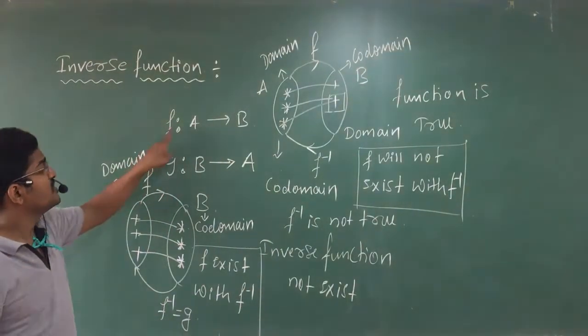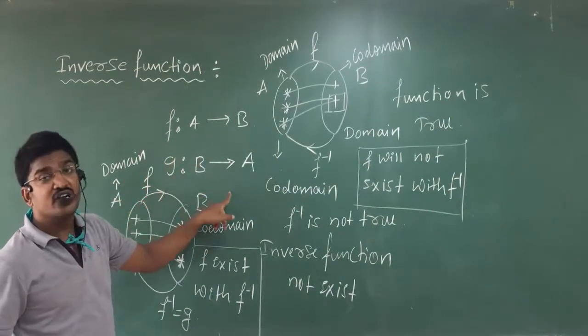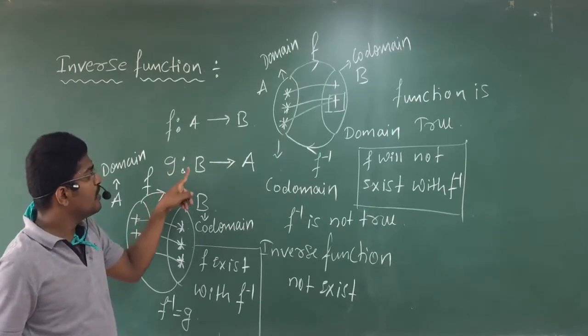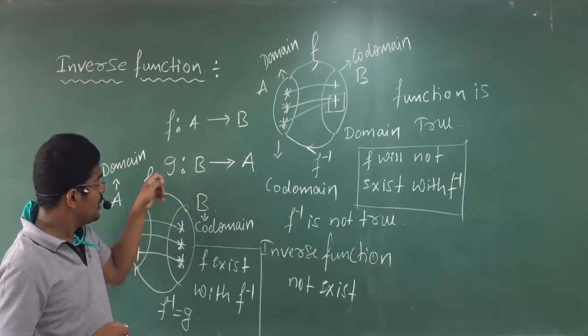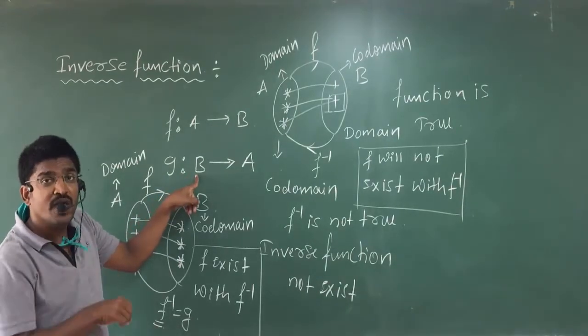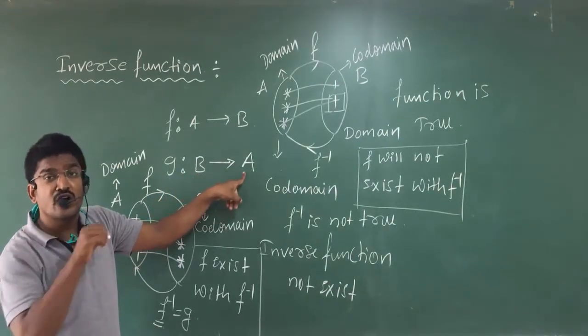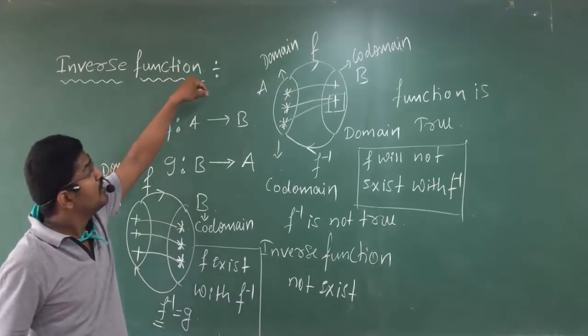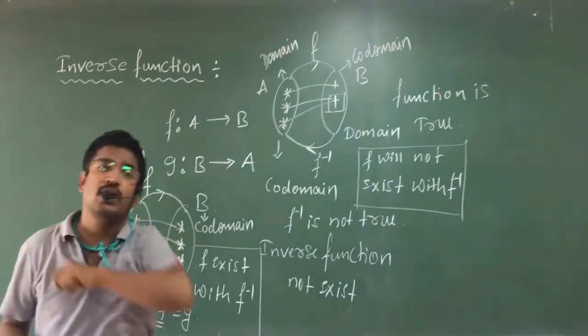See here, f is a function, g is also a function. f is a function from domain to codomain, g is a function from b to a. Here, for f inverse, b will be the domain, a will be the codomain. But for f, a will be the domain, and b will be the codomain. Are you clear?